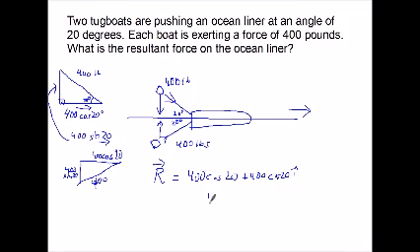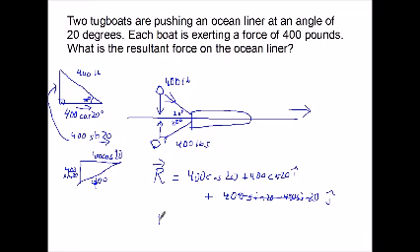And then plus, in the j-hat direction, this vertical component is pushing downwards. This vertical component is pushing upwards. And so what I get here is 400 times sine of 20 minus 400 times sine of 20 in the j-hat direction. These two are opposite, and so they're going to cancel each other out.